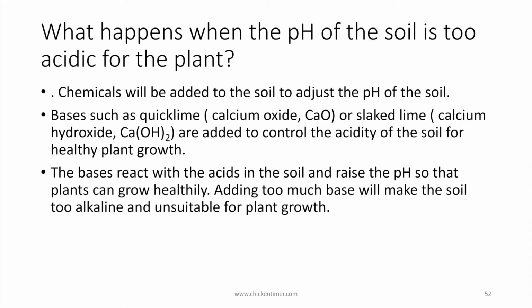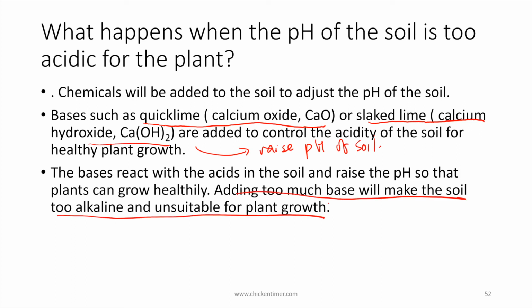In this case, chemicals will be added to adjust the pH of the soil. If the soil is too acidic, bases will be added, so calcium oxide or calcium hydroxide. What these do is raise the pH of the soil. But of course, you must add with caution, because adding too much base will make the soil too alkaline and unsuitable for plant growth.